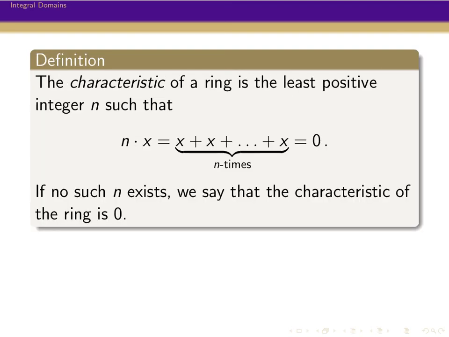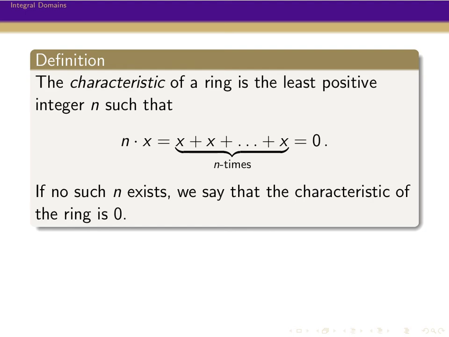Last notion that applies to fields is that every field has what's called a characteristic. And so it doesn't have to just be in fields, it can apply to rings in general. So let's talk about what a characteristic is.